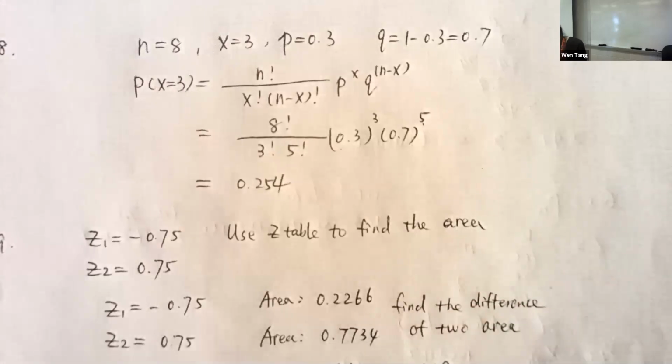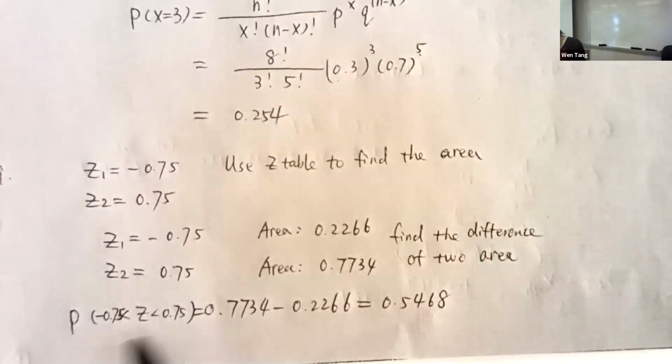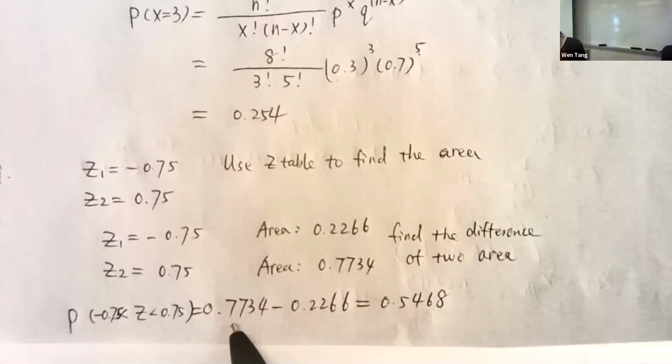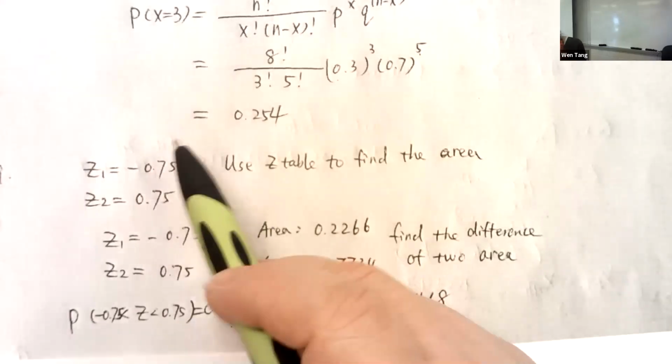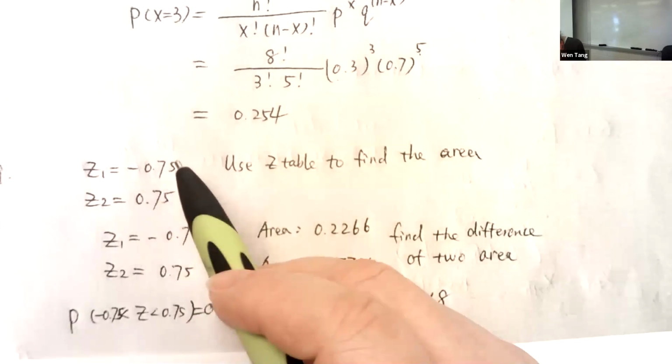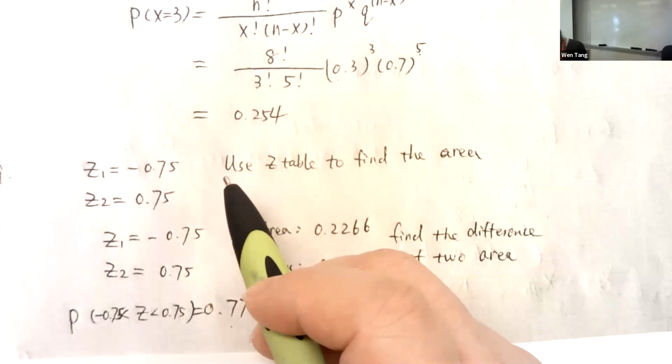So here, the probability between these 2 Z values is just the difference of the 2 areas. See, we find the areas, then find the difference. Some students do it like this: first, find the difference between 2 Z's, which is 1.5.